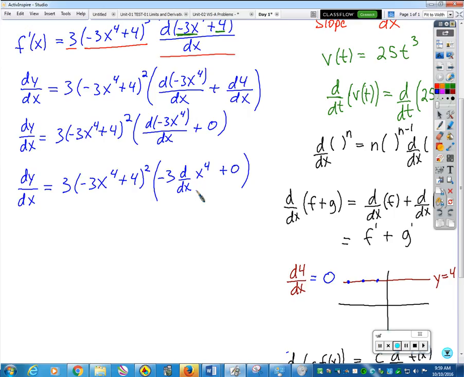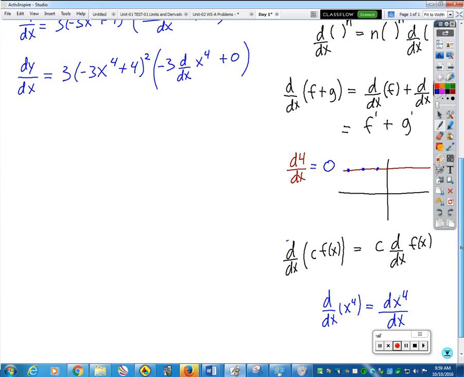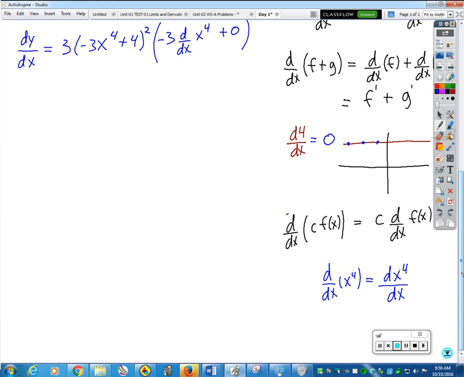So what rule do I apply to d over dx of x to the 4? Kelsey? The exponential rule. You're close, it's just a little bit backwards. The exponential rule works when you have a base, which is a numeric value, like say 5, and the exponent is some expression. We have just the opposite.